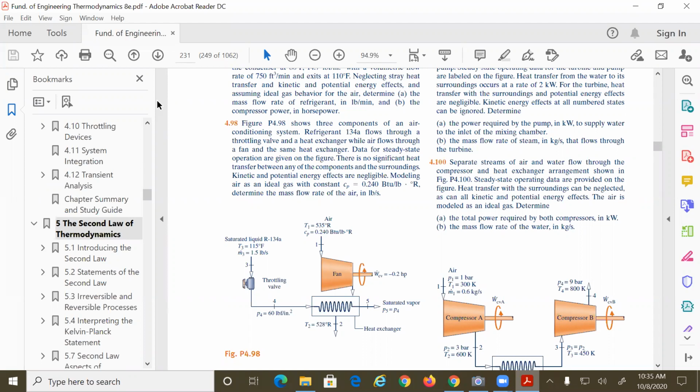At 4, you know that P4 is equal to 60 psi.